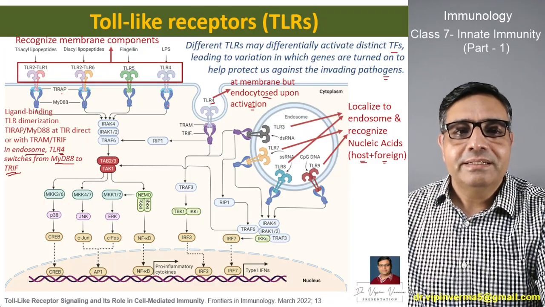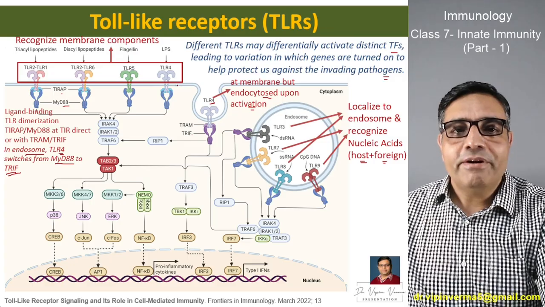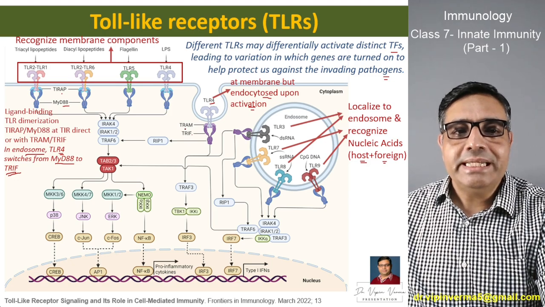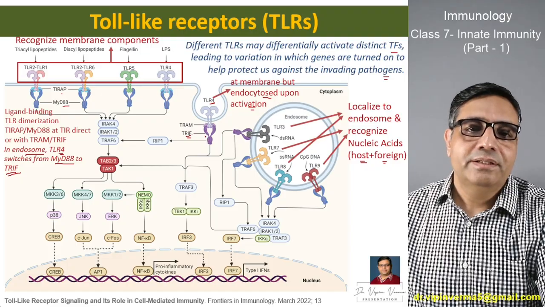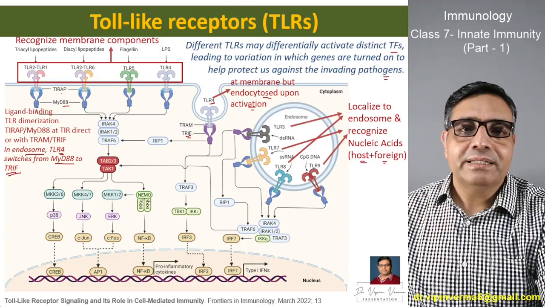It had the MyD88. You can see the MyD88. It was here. But once it is endocytosed, then it switches from MyD88 to TRIF. Okay. So this is the difference when it is on the surface and when it is endocytosed.